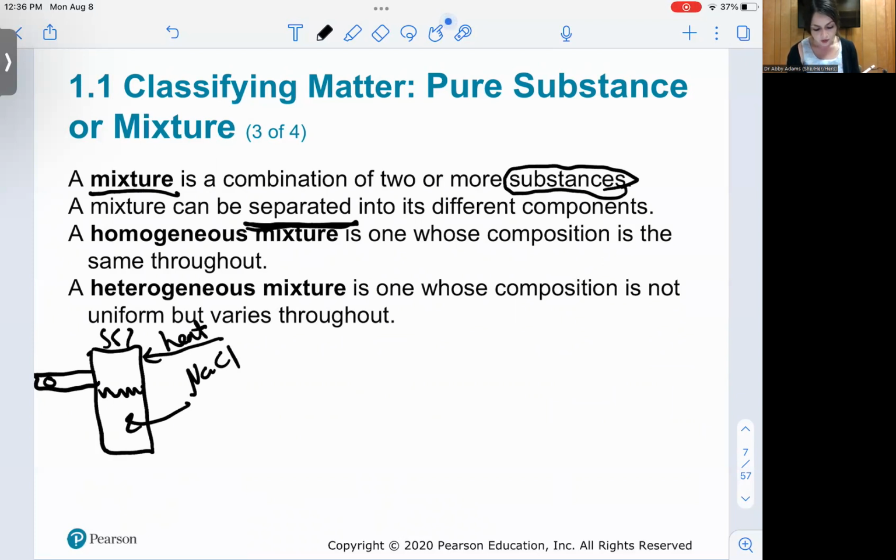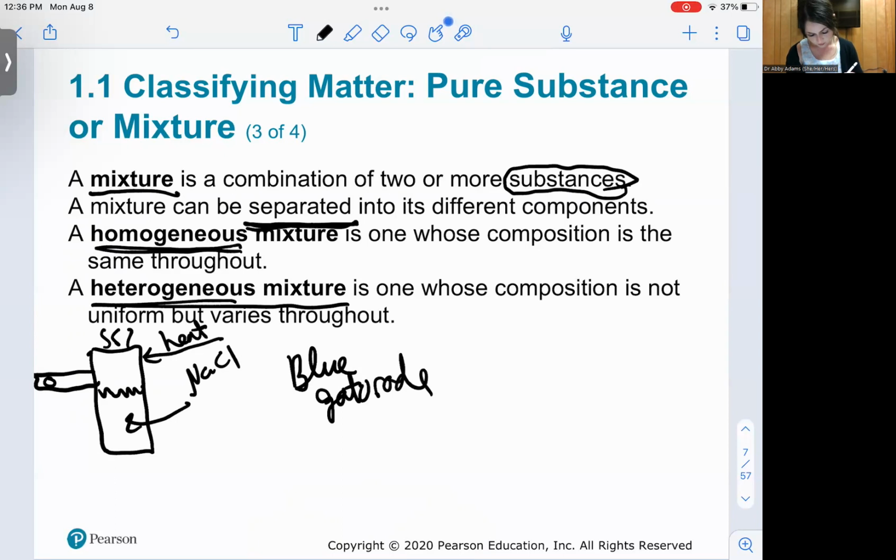But a mixture can be broken down further into homogeneous and heterogeneous mixtures, because homogeneous mixtures have a uniform composition. It's the same throughout, just as I talked about the blue Gatorade, for example.